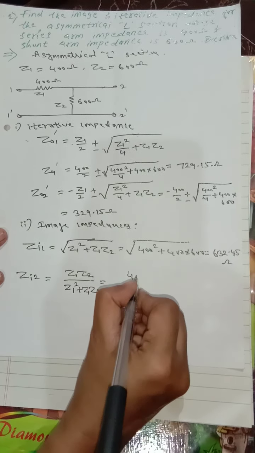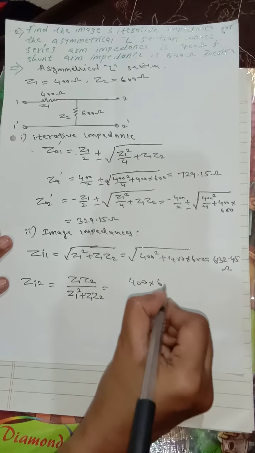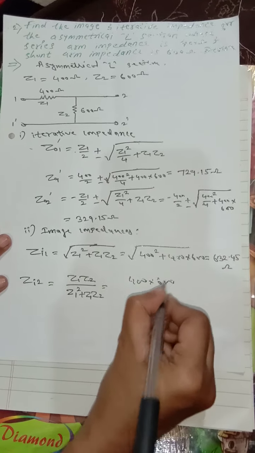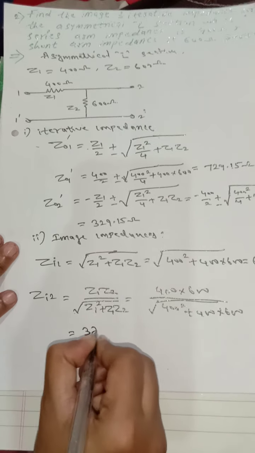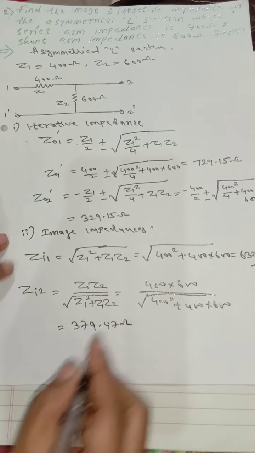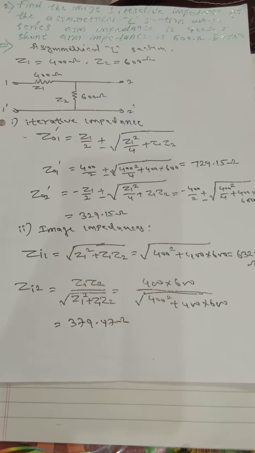So you will get 400 into 600 divided by the root of 400 square plus 400 into 600, both are in the root, so you will get the answer 379.47 ohm.